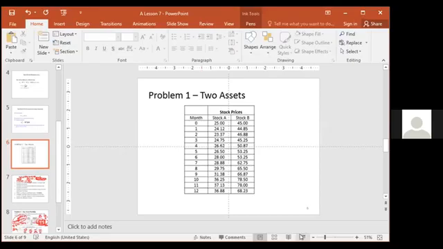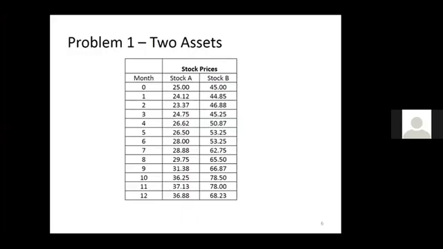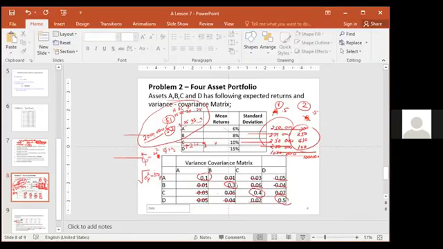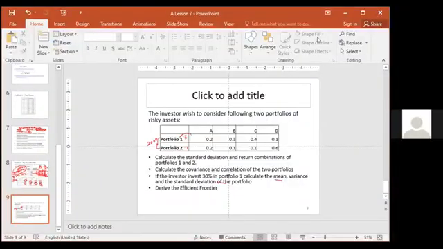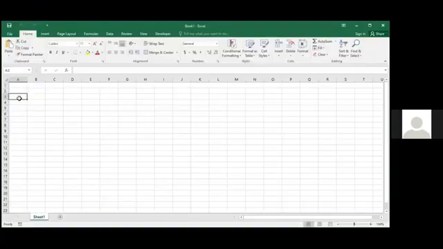Now we have to enter the values in the Excel worksheet. Now open the Excel worksheet and enter the values. You can enter the covariance matrix.